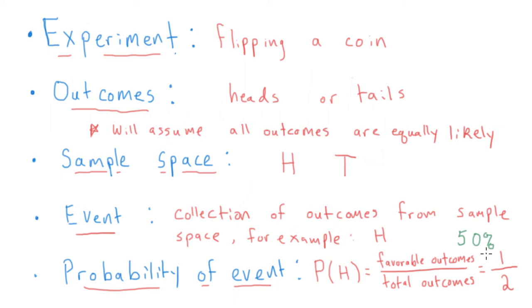Okay, so that's kind of the big picture. You have an experiment, you have outcomes, you have the sample space, collection of outcomes, and then I'm interested in a particular event, which is a collection of the outcomes from the sample space. The probability is just the favorable outcomes divided by the total outcomes. So maybe this is still a little fuzzy, but let's do another example, and hopefully this becomes a little bit more clear.